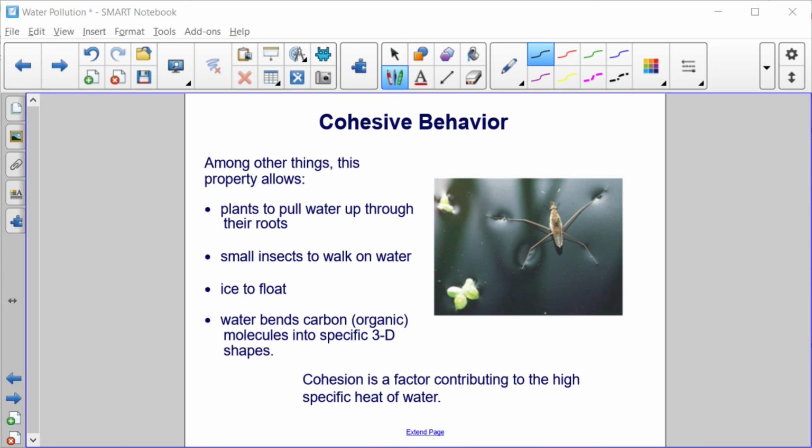Water bends carbon organic molecules in specific 3D shapes. Cohesion is a factor also contributing to the high specific heat of water, as we discussed in our first property, where water moderates temperature.